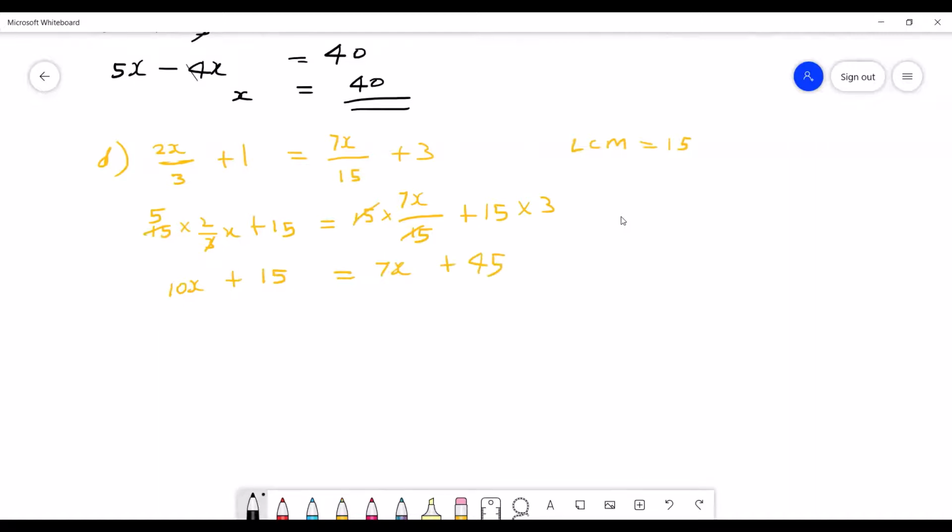So let us bring the x term together and the constant term together. Let us bring the 7x from right hand side to the left hand side. So 10x minus 7x will be, now I am transposing this 15 to the right hand side.